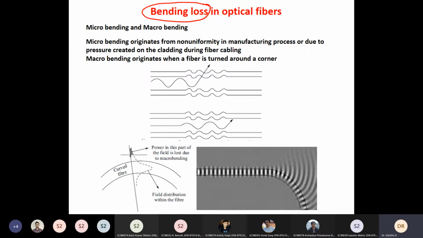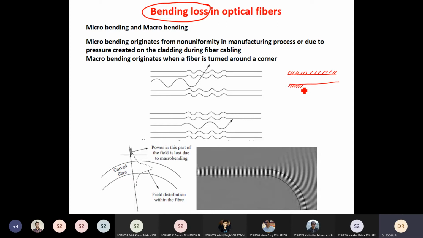Micro bending usually originates from non-uniformity when you are manufacturing an optical fiber. There could be some kind of pressure created inside the cladding. Let's say you make the core of the optical fiber, and then you are trying to form the cladding around the core.